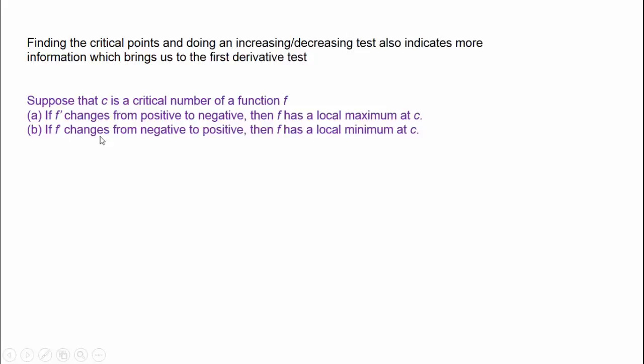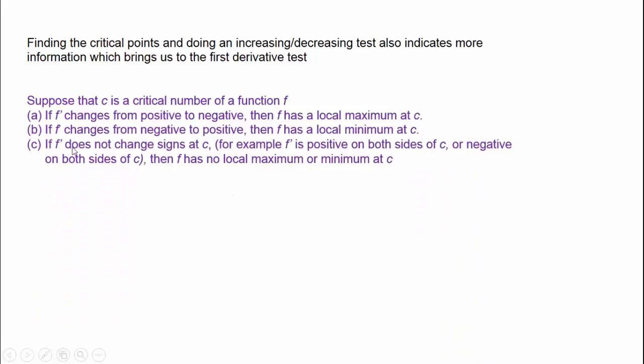If f prime changes from negative to positive, then f has a local minimum at c. And if f prime does not change signs at c, for example, maybe f prime is positive on both sides of c or negative on both sides of c, then the function itself has no local maximum or minimum at that critical point, or that critical number.